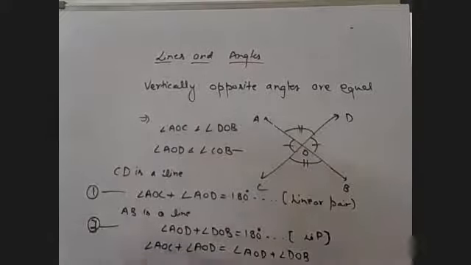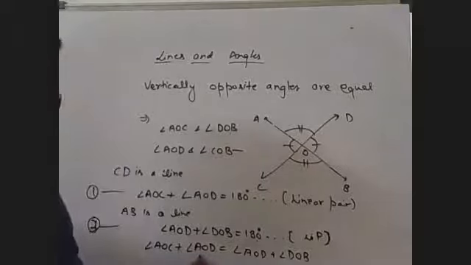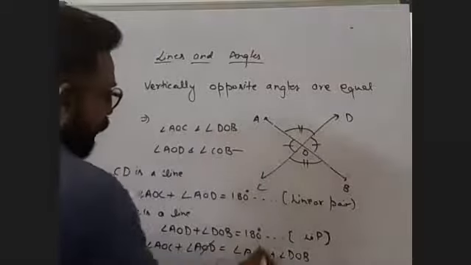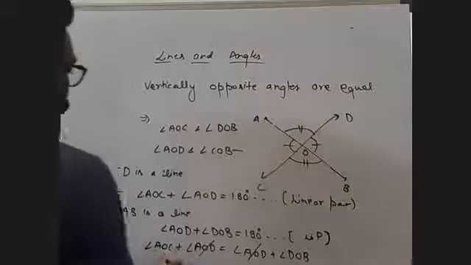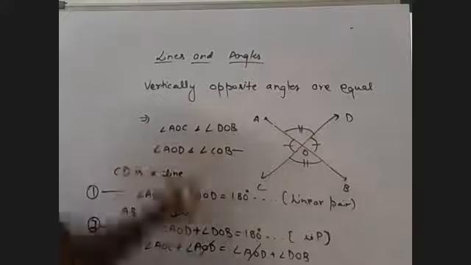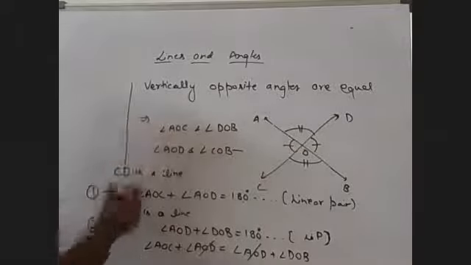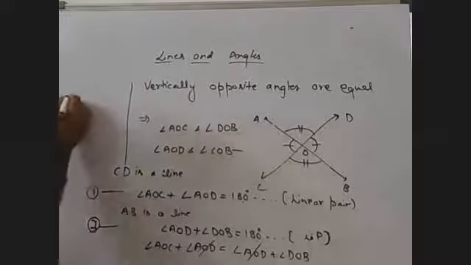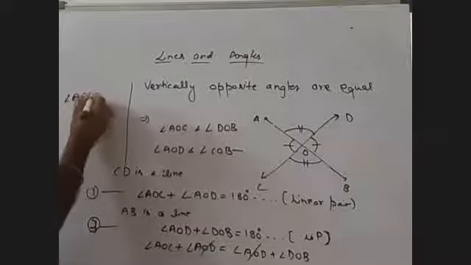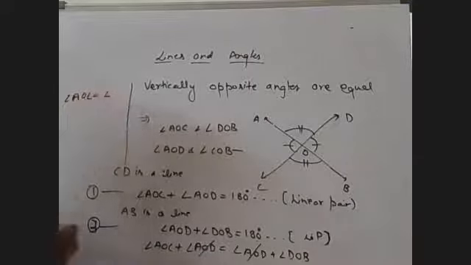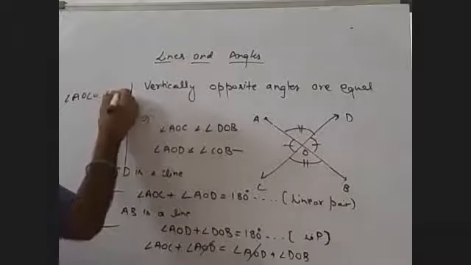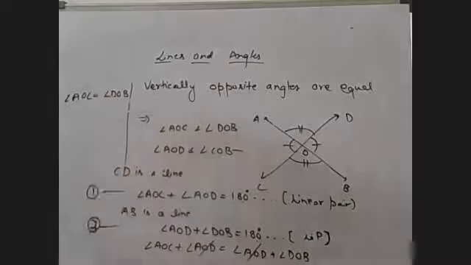In this case, angle AOD is present on both the sides, so it will get cancelled. So angle AOC becomes equal to angle DOB, and this is what we were trying to prove.